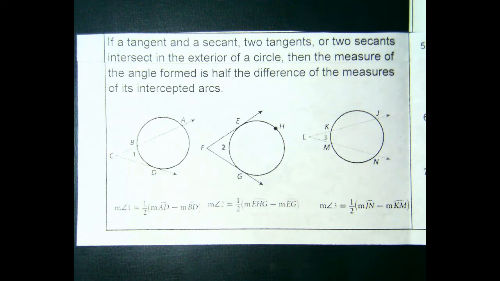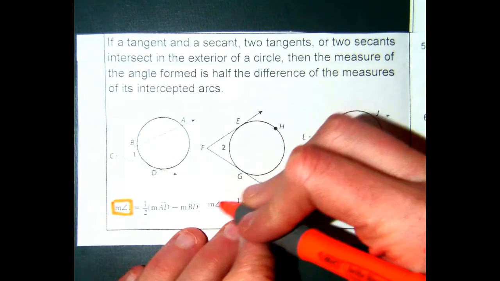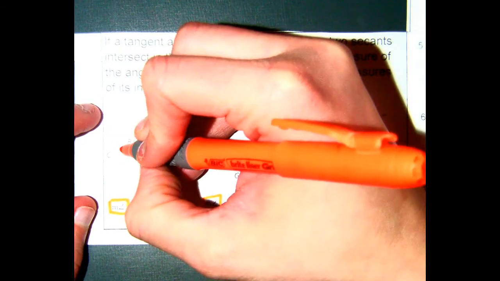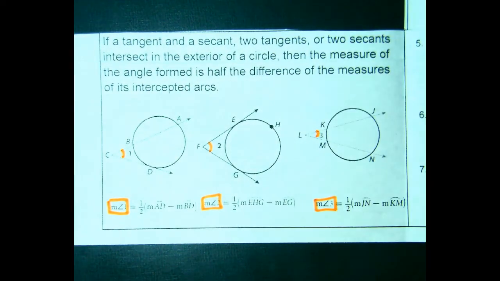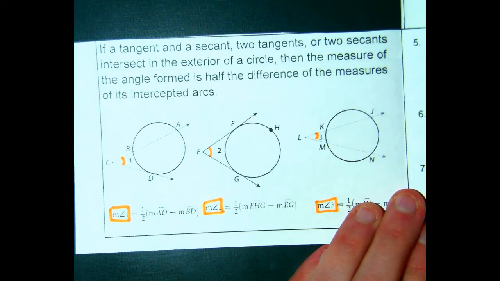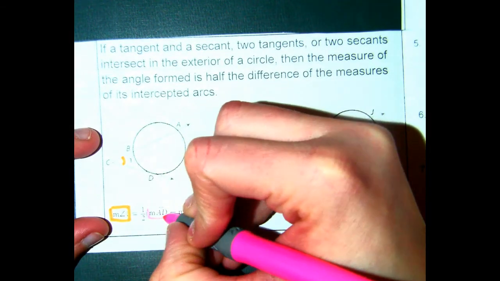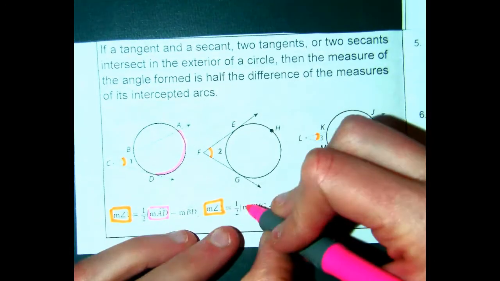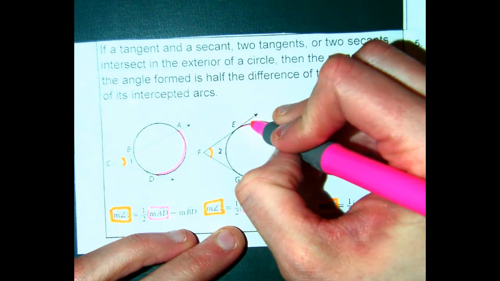Here's all that's saying. Each of these angles, 1, 2, and 3, all of those are the exterior angles, are equal to half of the large arc. Usually it's a major arc, but not always.